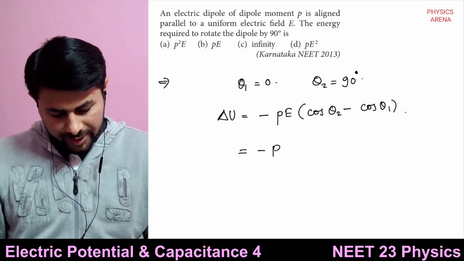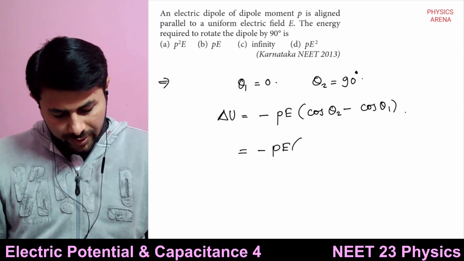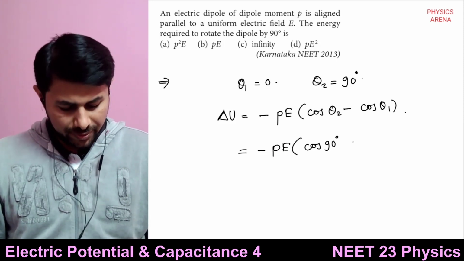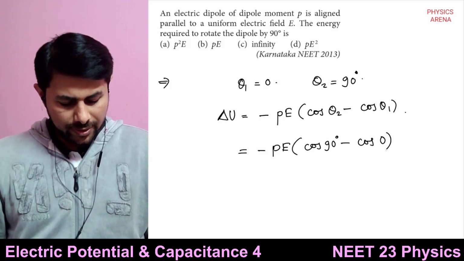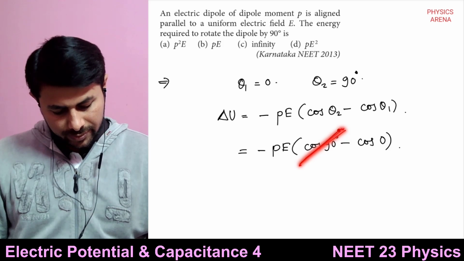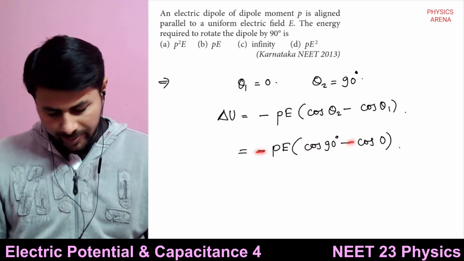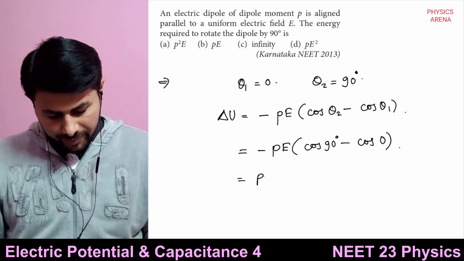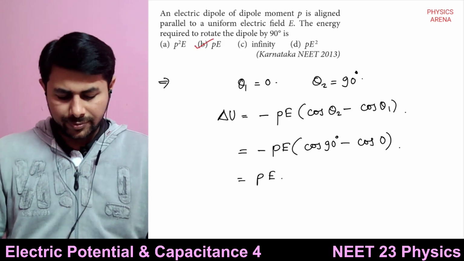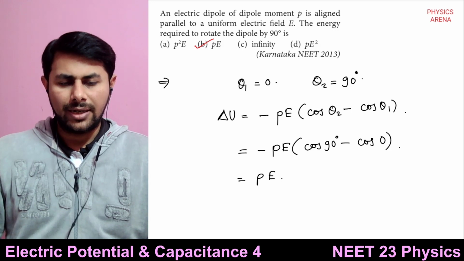What is cos of 90 degrees? It's 0. Minus cos of 0. Cos 0 is 1. So this is 0 minus minus, plus. So we get P times E. This is the answer. Option B. Right?